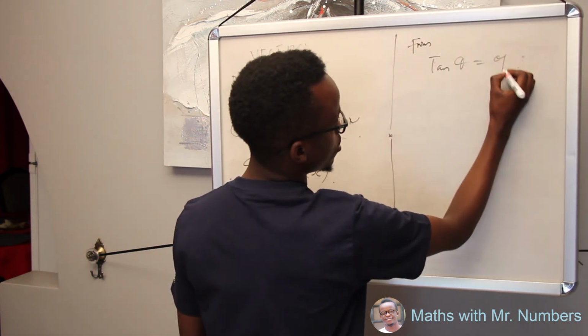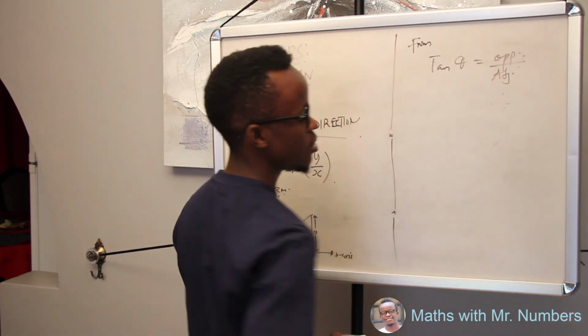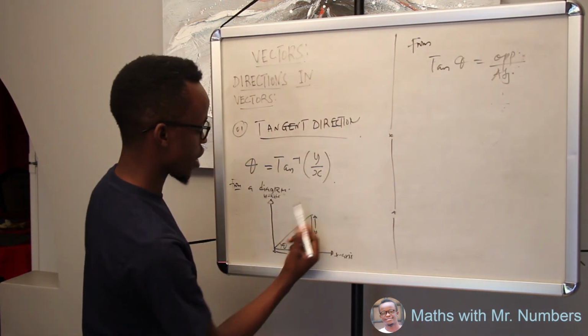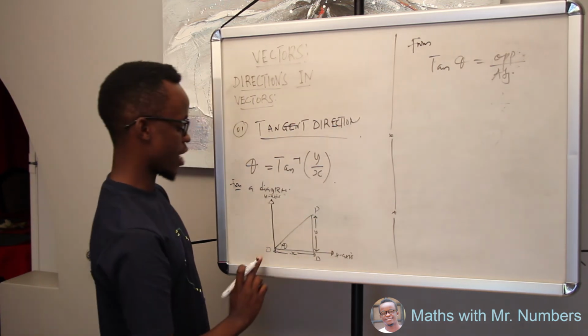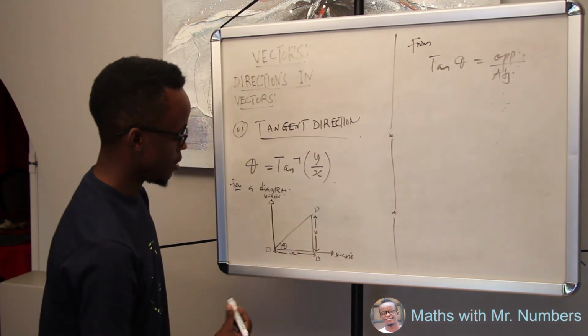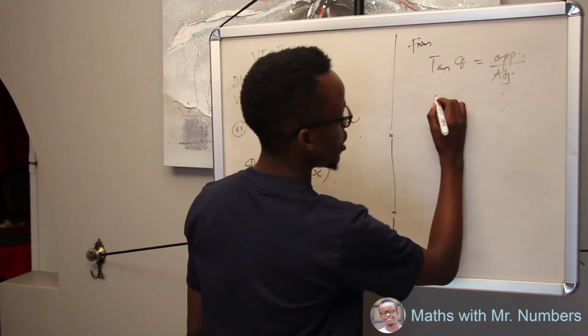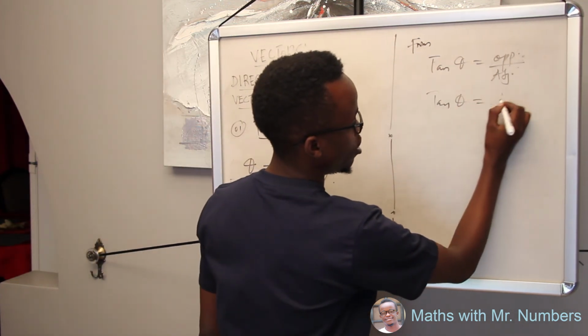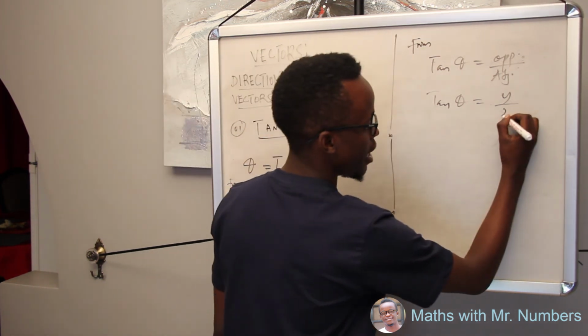Since this is a triangle, from trig ratio, tan theta equals opposite over adjacent. And from this triangle, let's say triangle OPD, the opposite of angle theta is y, and the adjacent of angle theta is x.